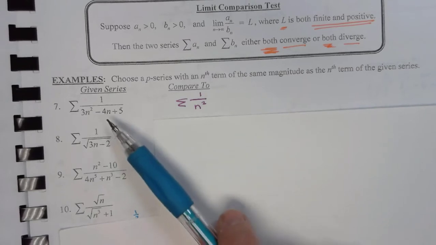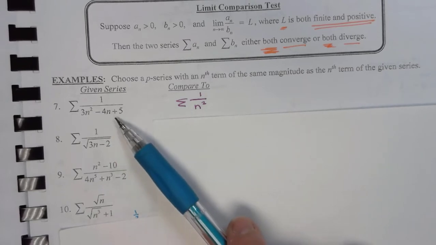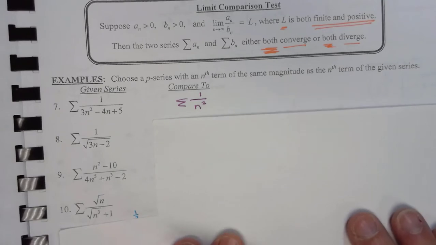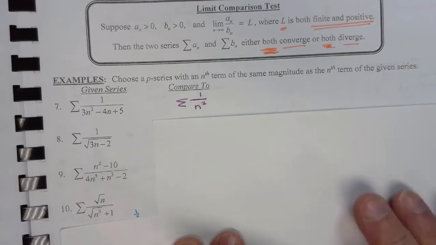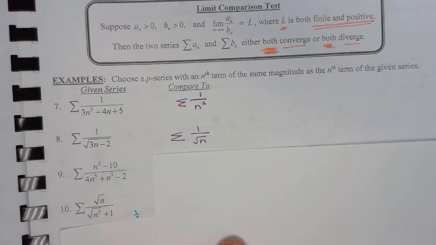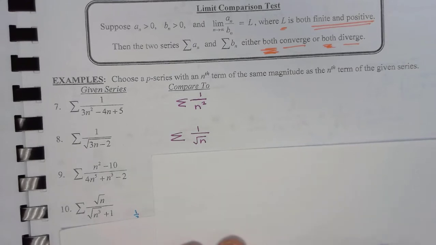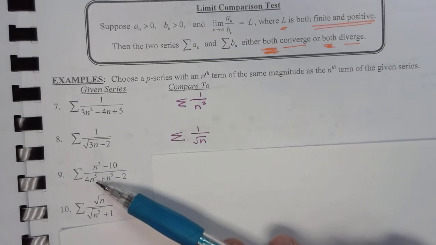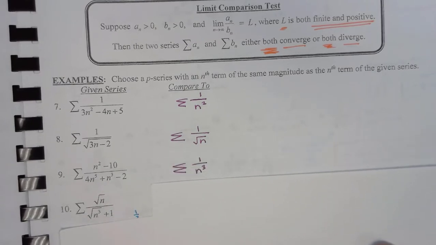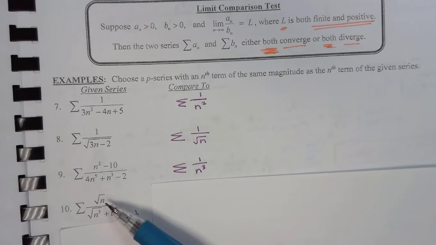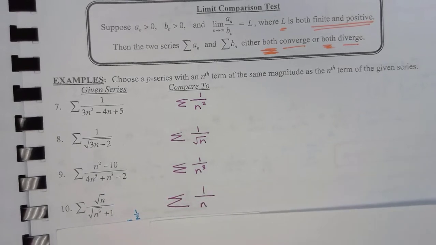We obviously cannot do a direct comparison. There's too much going on here, but we could do a limit comparison. What about this one? Compare it to 1 over the square root of n. This one, that's interesting. N squared on top, n to the 5th on bottom. We're going to compare it to 1 over n cubed. And this one here, we have n to the 1/2 on top, n to the 3/2 on bottom. So we're going to compare it to 1 over n.